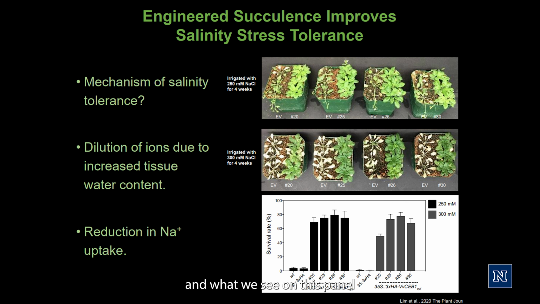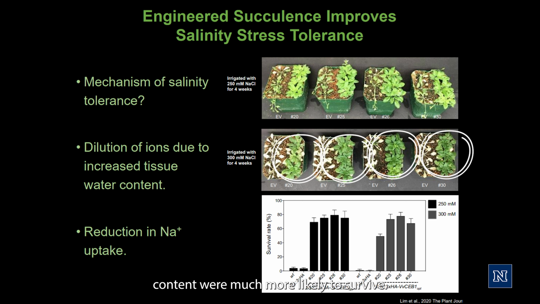What we see on this panel is a series of control plants, again on the left, and our succulence-engineered plants on the right, irrigated with either 250 or 300 millimolar sodium chloride for 1 month. And you can see that the plants that had more water content were much more likely to survive.